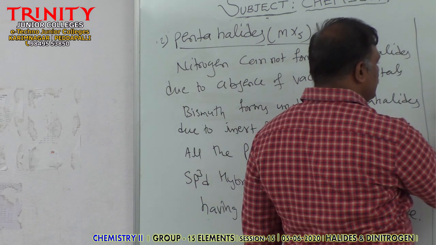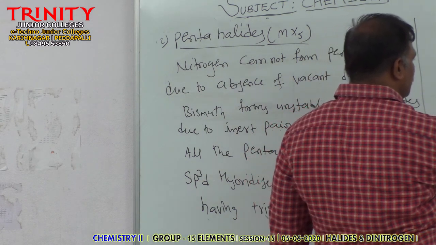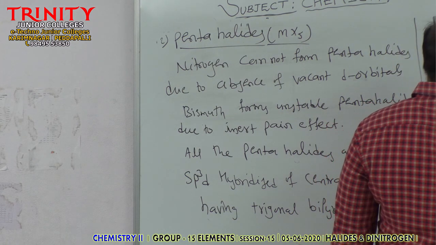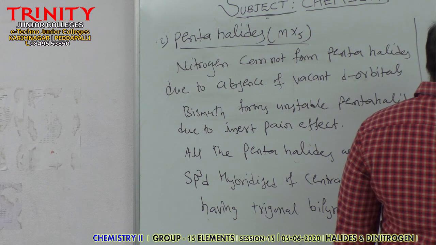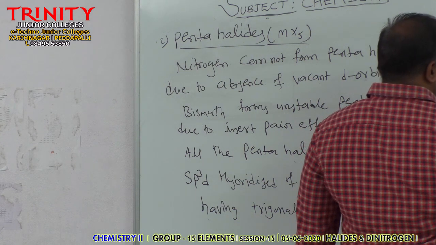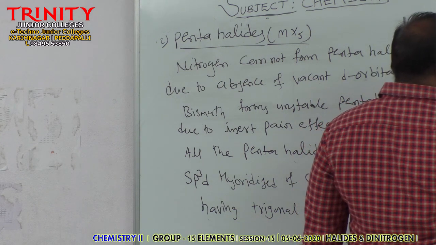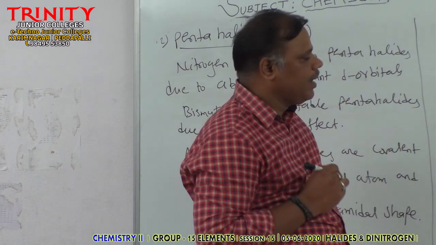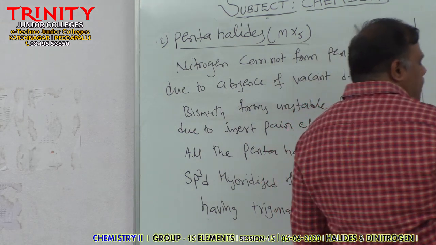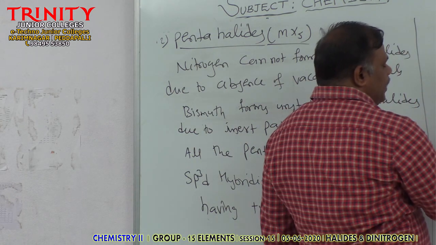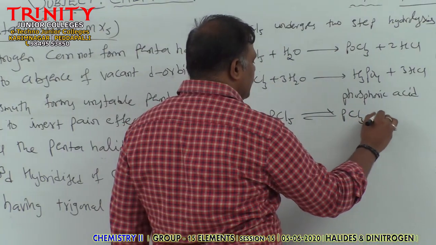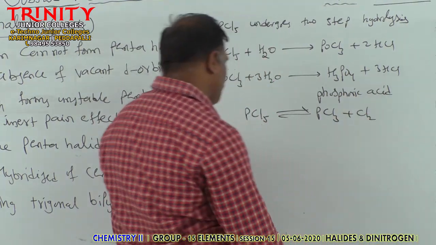Further, POCl3 plus 3H2O gives phosphoric acid plus 3HCl. So PCl3 forms phosphorous acid, while PCl5 forms phosphoric acid. These pentahalides generally decompose, PCl5 into PCl3 plus Cl2.